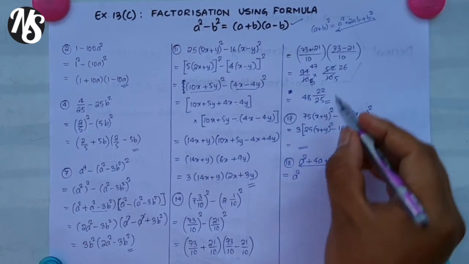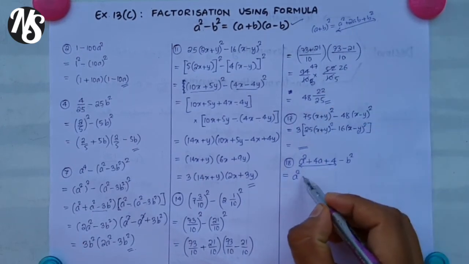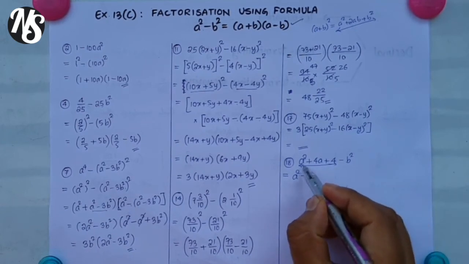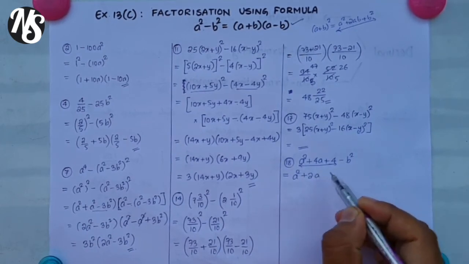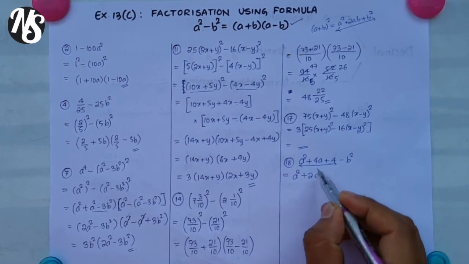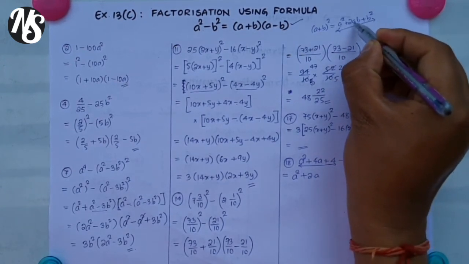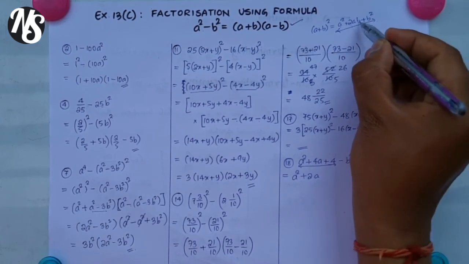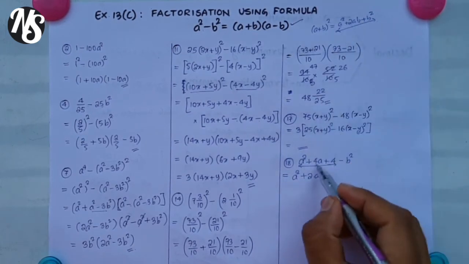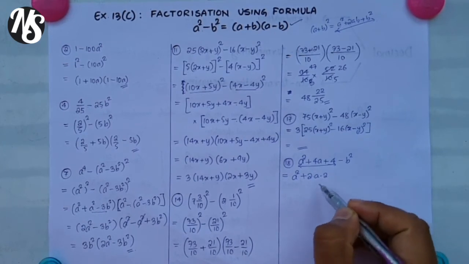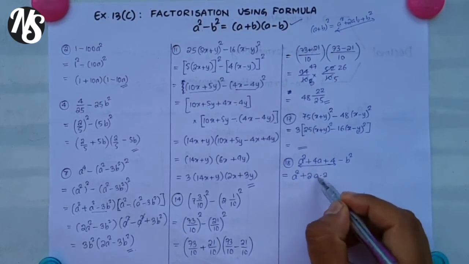I have written a square, plus 2, and if this is your a, then you write a square plus 2a. Now I have to write b in such a way that I get 4a. Obviously that number will be 2, because 2 into 2 is 4a.